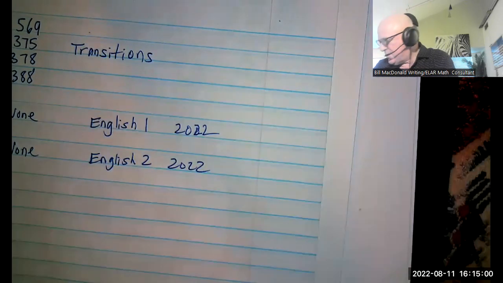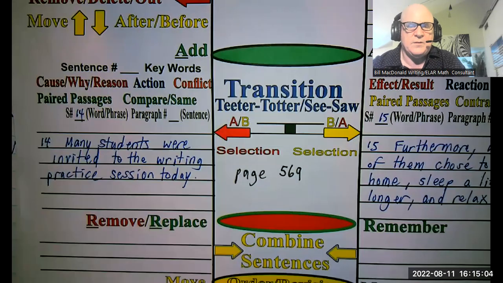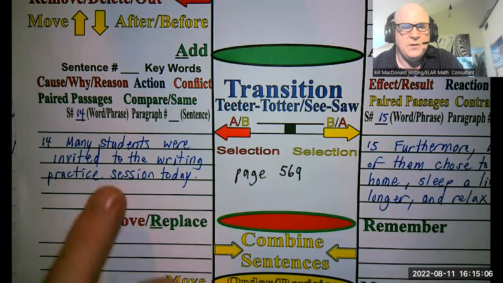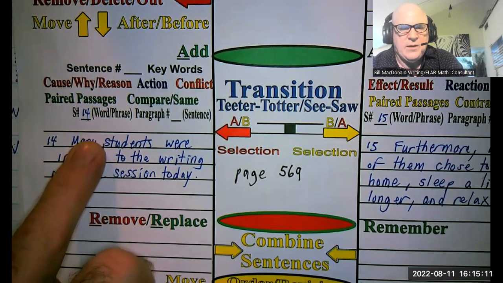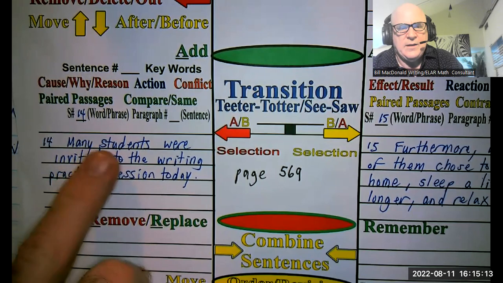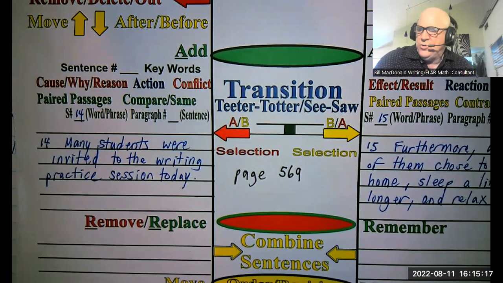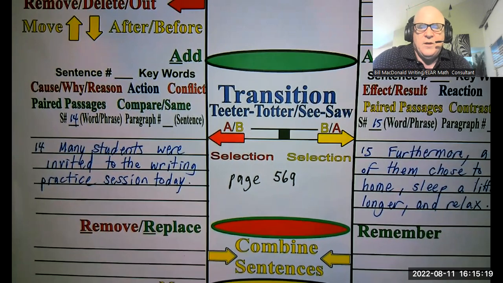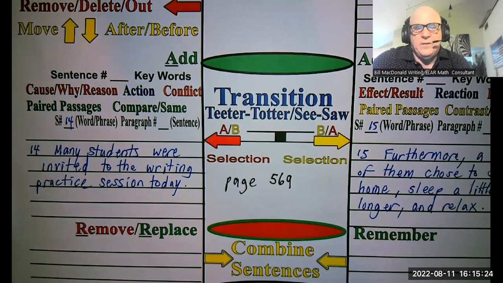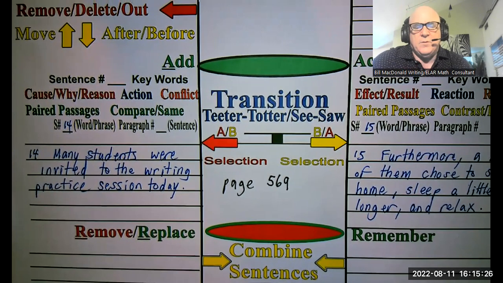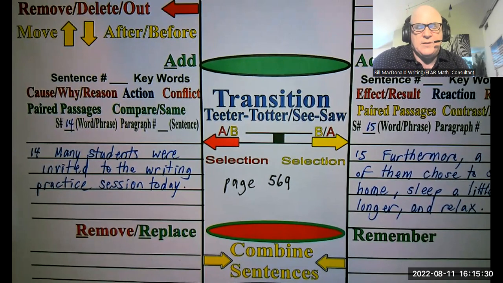Let me make sure I get the right one. From page 569, it says on sentence 14, there you go. And I'm going to use paper on this first one, the laminated one on the second one, and then I'll use an online digital copy on the third and the fourth one so you can see different ways to practice the same skill with your kids. So if your kids just make their own T chart, on the left side they would put capital. Many students were invited to the writing practice session today, period.